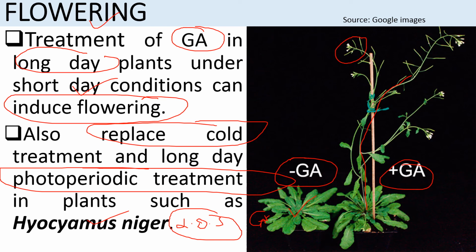So we can overcome the requirement of long days under short days condition in long day plants by applying external GA. So it also induces flowering in plants which are long day plants under short days condition, and also replaces the requirement of cold treatment, that is vernalization. जो vernalization है उसको भी ये replace करता है.